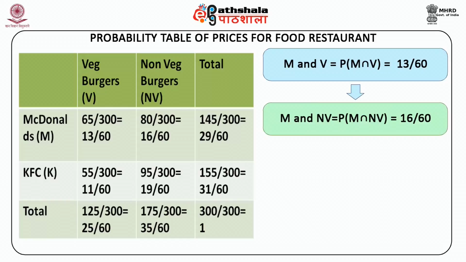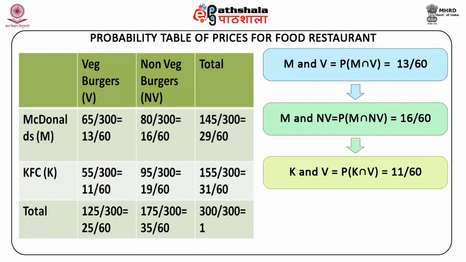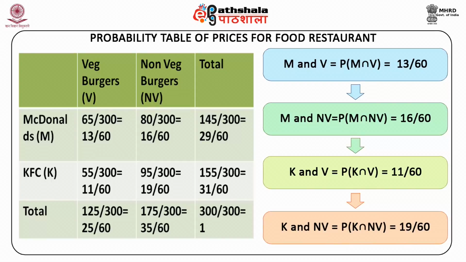M and NV, probability of M intersection NV, is equal to 16 upon 60. K and V, probability of K intersection V, is equal to 11 upon 60. K and NV, probability of K intersection NV, is equal to 19 upon 60.